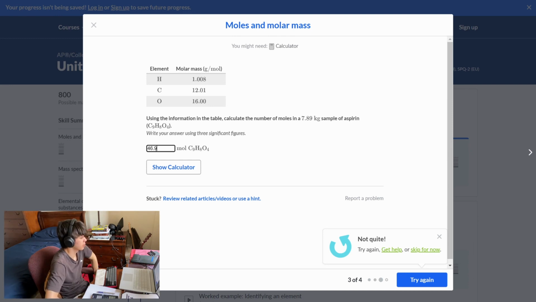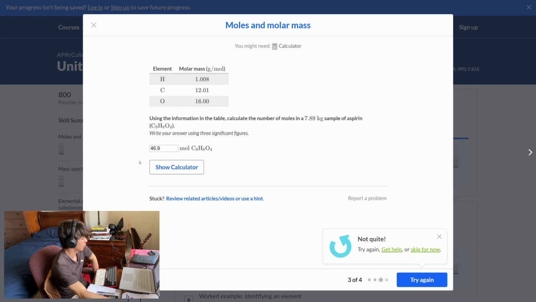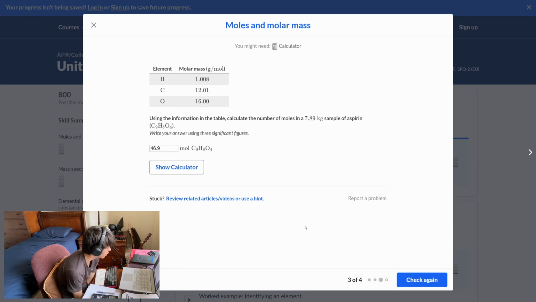Are you kidding me? Why is this wrong? I calculated the number of total grams per mole. Hydrogen times 8, 12 times 9.